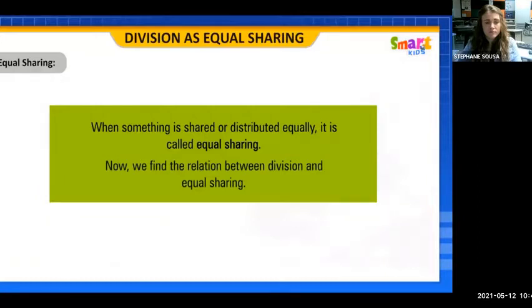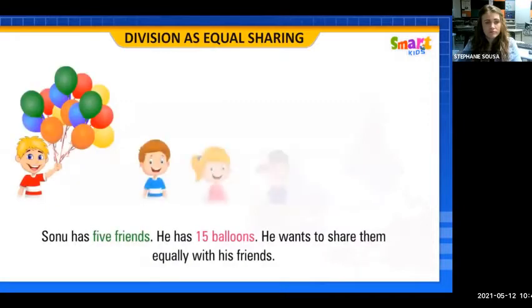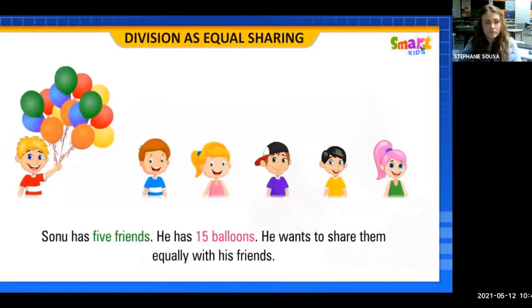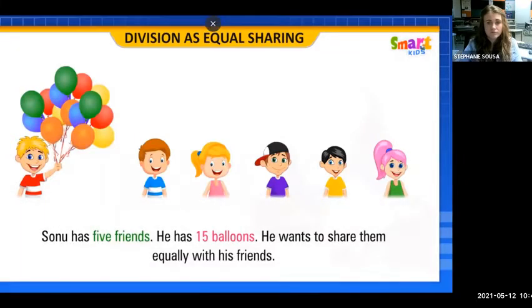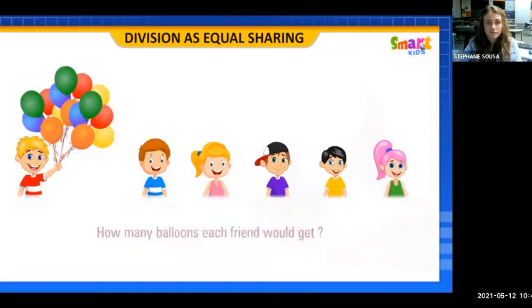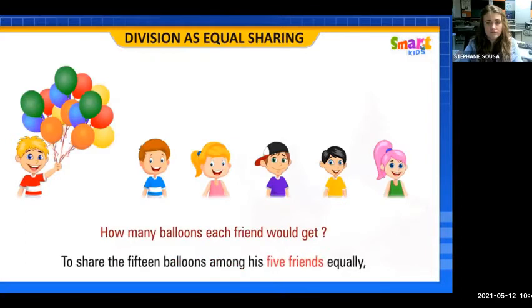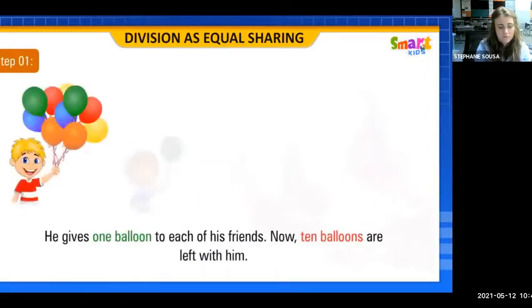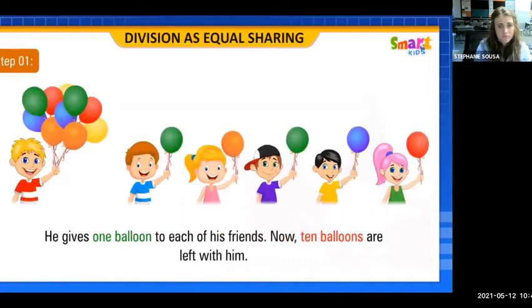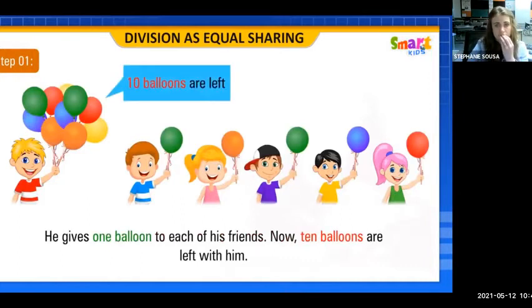Let us understand this with the help of an example. Sonu has 5 friends. He has 15 balloons. He wants to share them equally with his friends. How many balloons each friend would get? To share the 15 balloons among his 5 friends equally, step 1, he gives one balloon to each of his friends. Now 10 balloons are left with him.